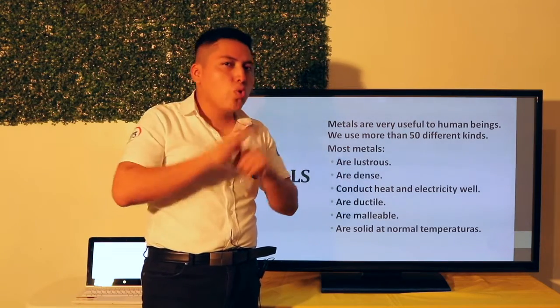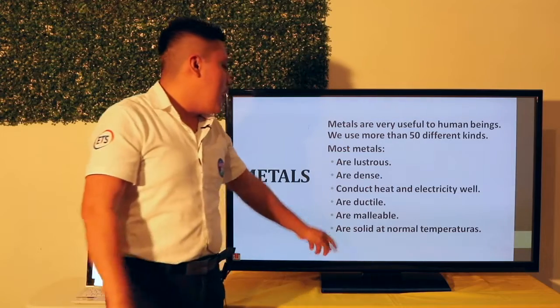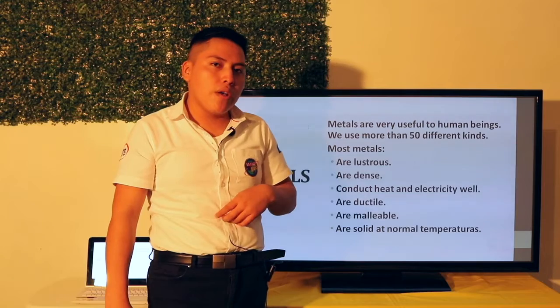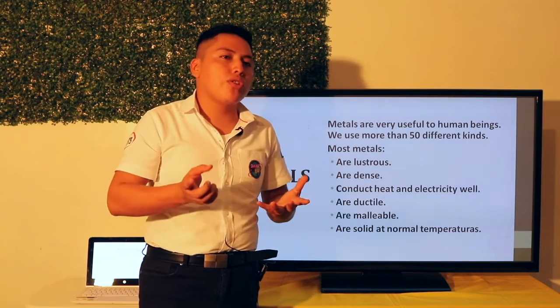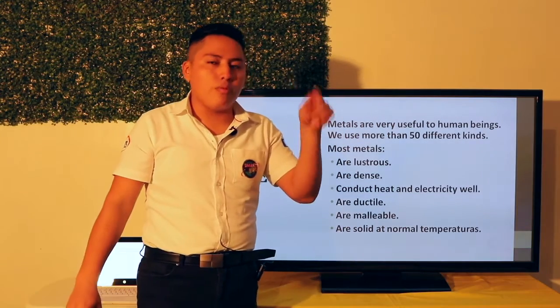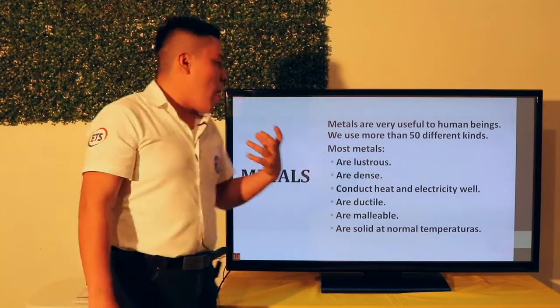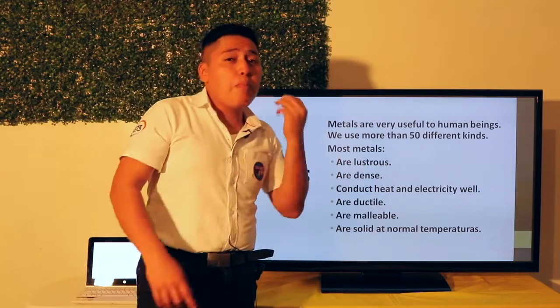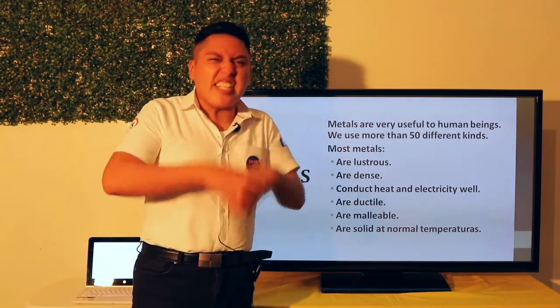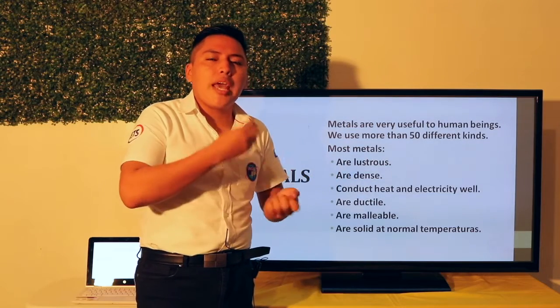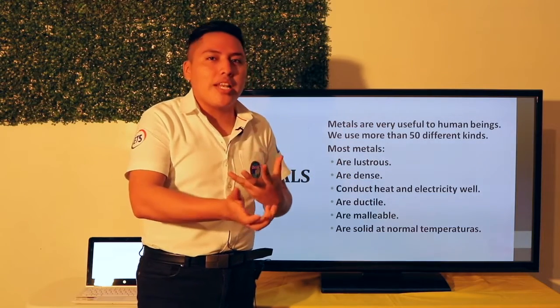They are light. Then we have that they are solid at normal temperatures. When you are at normal temperatures, maybe your spoon, we are continuing with the spoon, is normal. But when the metal is exposed to an extreme temperature, it can turn into liquid.